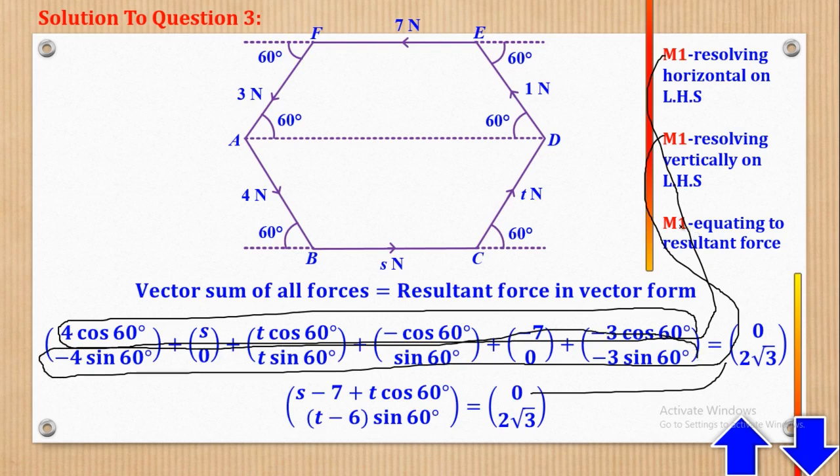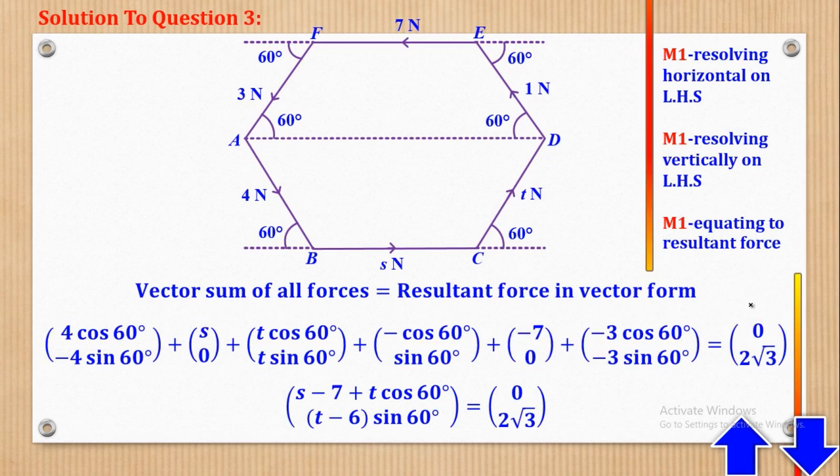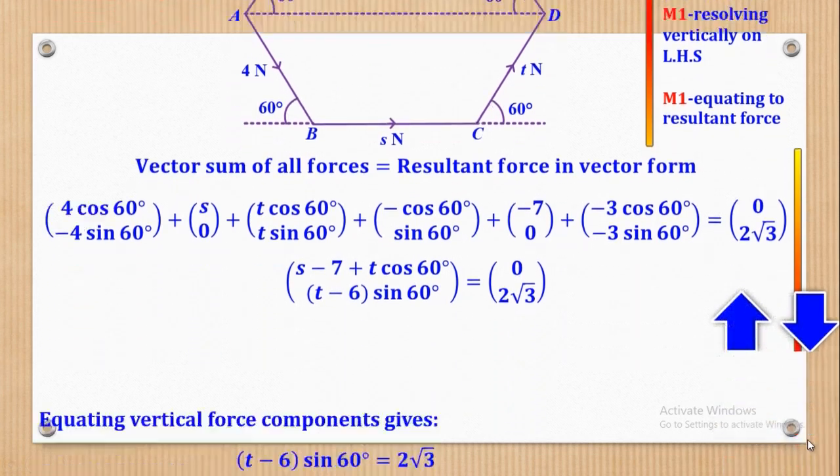Then another M1 is for you to equate to the resultant. So remember, we are given the resultant, so for you to equate, that is another M1. So basically that is how the 3 marks could come about in that part, on that slide. Now let's go to the next slide.